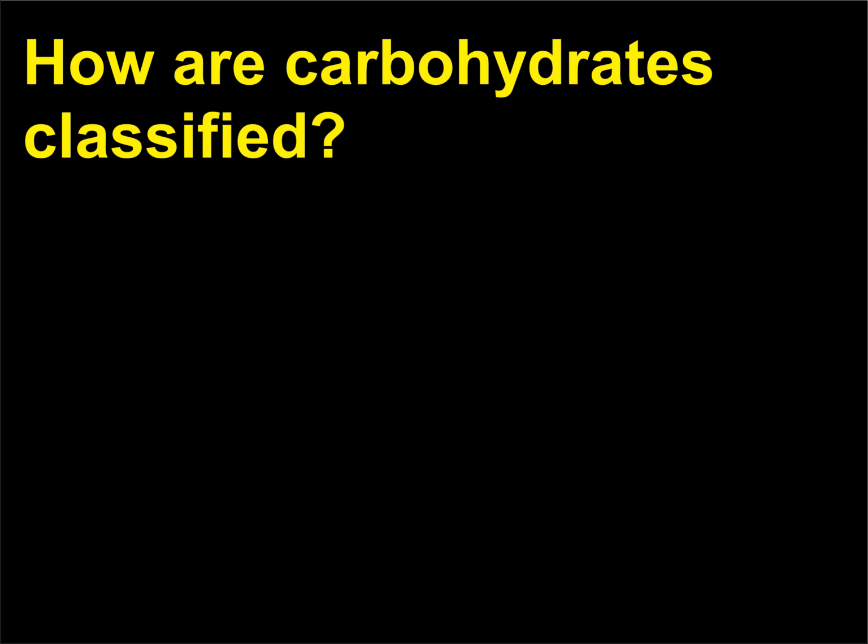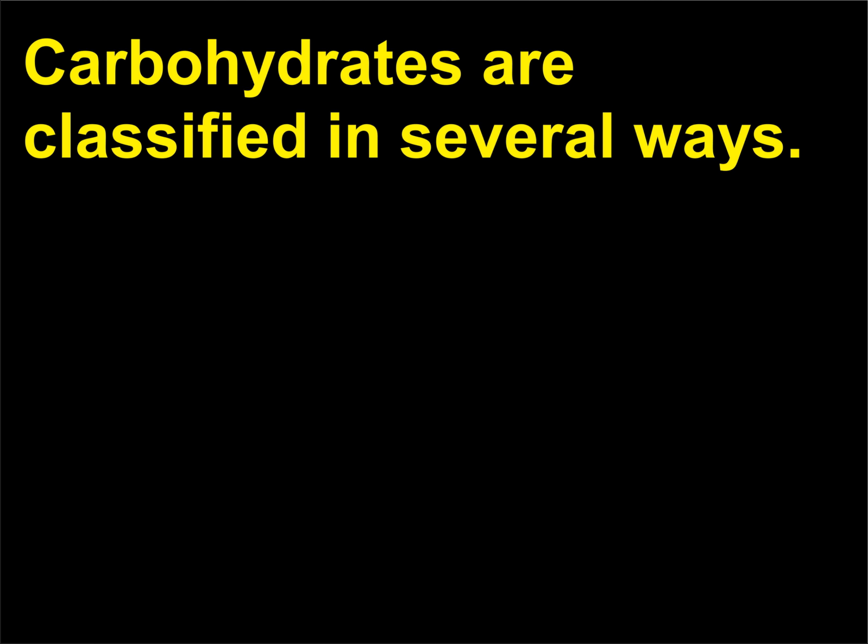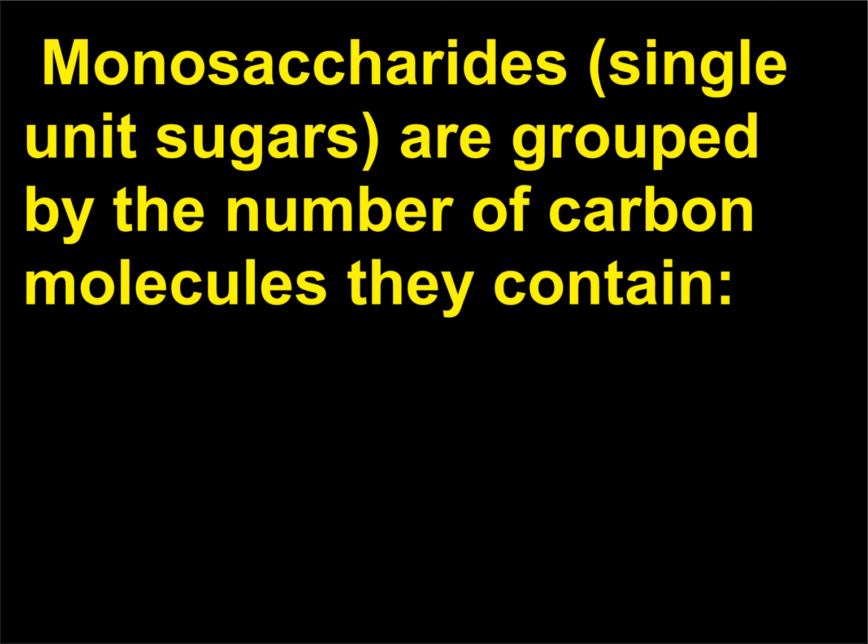How are carbohydrates classified? Carbohydrates are classified in several ways. Monosaccharides, single unit sugars, are grouped by the number of carbon molecules they contain.